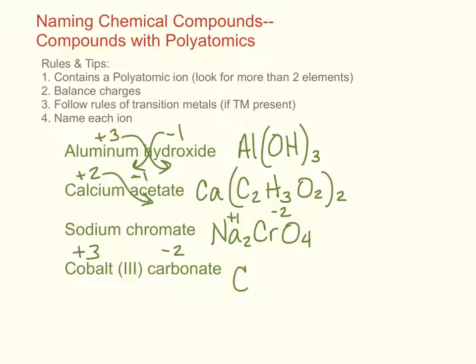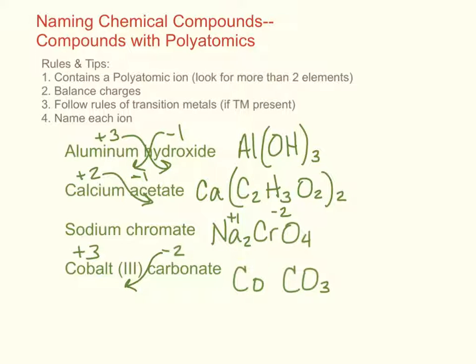So I'm going to have cobalt, and my carbonate is CO3. So notice this illustrates the importance of having your lowercase versus your uppercase letters so that you can tell whether it's an element or a polyatomic. Okay, so I have my cobalt, Co, and my carbonate, CO3, and I swap and drop.